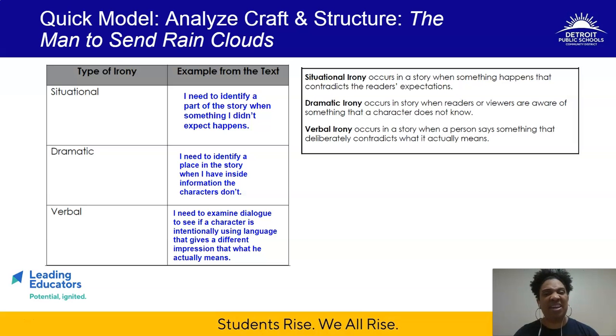So is someone being kind of coy or sarcastic, right? So using terms that both characters know, but one of the characters has a completely different intention or meaning behind how he or she is using the term. So those are the 3 types of irony, and that's how you approach trying to locate them in the text. And that's what you're going to do in the write section for today.